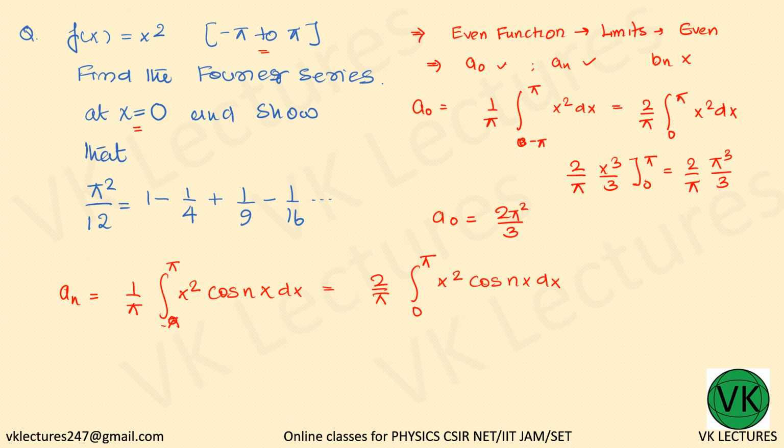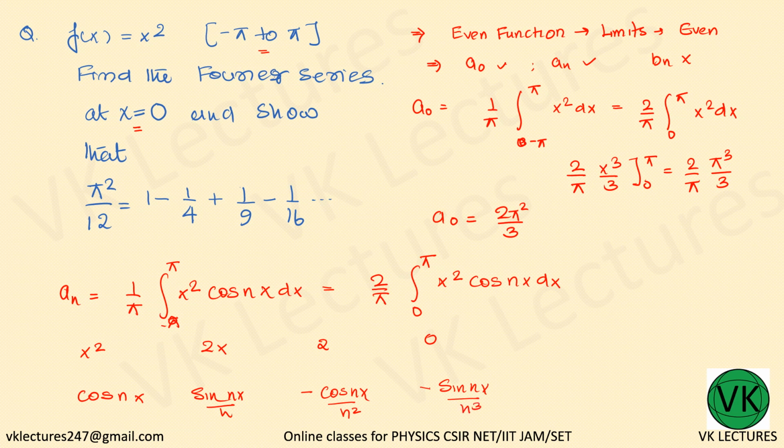So using integration by parts, x square becomes 2x, again the derivative becomes 2, again 0. So the integral of cos nx is sin nx by n, again the integral of sin gives minus cos nx by n square, again the integral is minus sin nx divided by n cube.